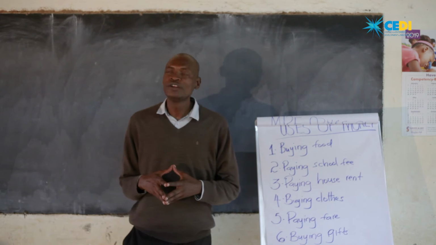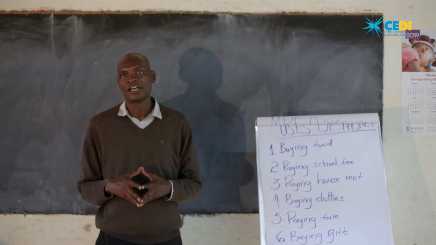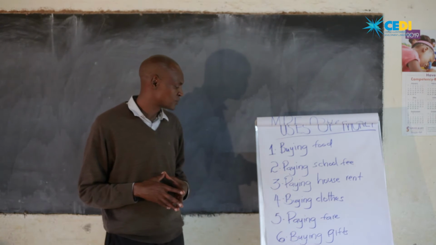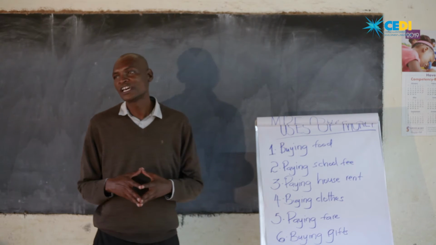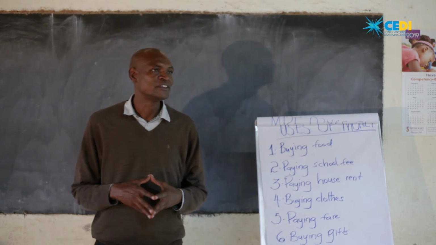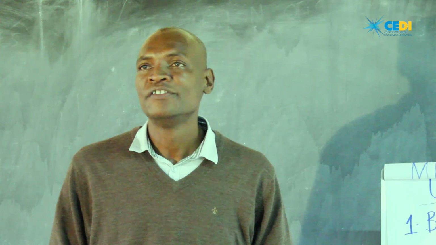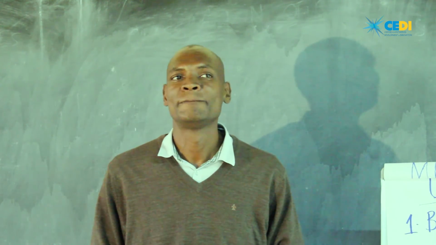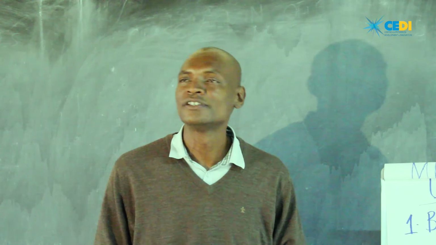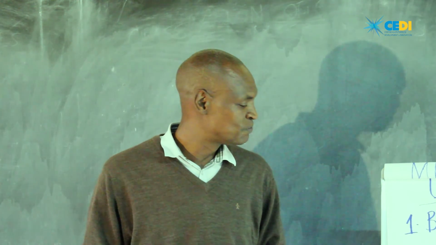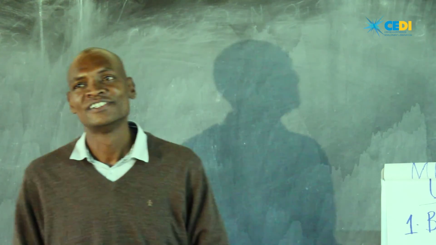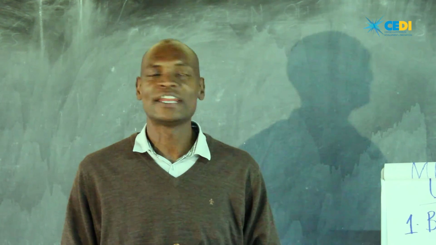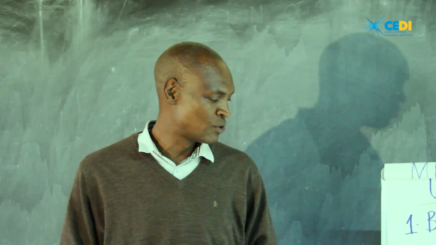Sometimes we live in rented houses and our parents have to pay for the use of that house. The clothes that you are wearing are bought by your parents, and sometimes we buy very expensive clothes. Sometimes our clothes are not that expensive, but the underlying idea is that they are bought.